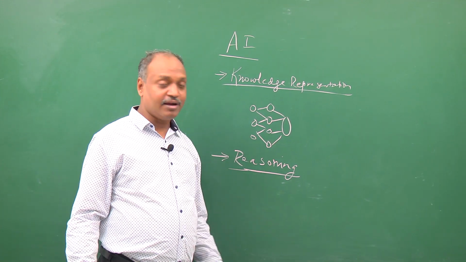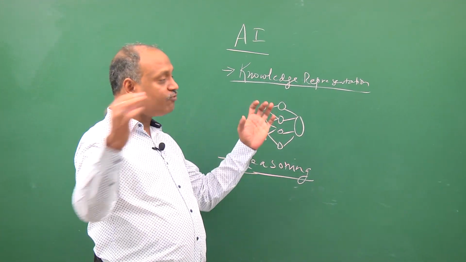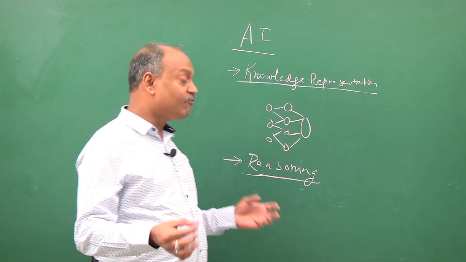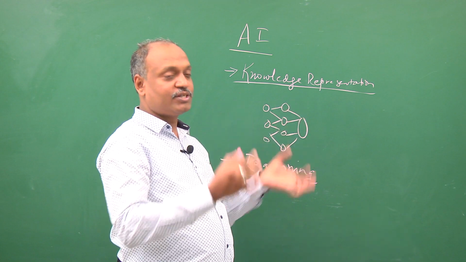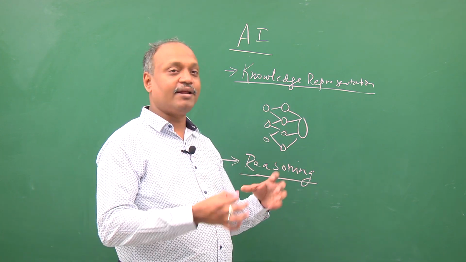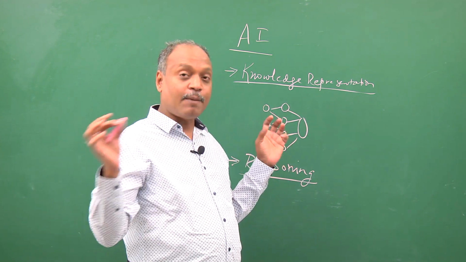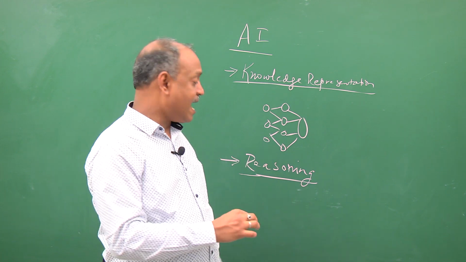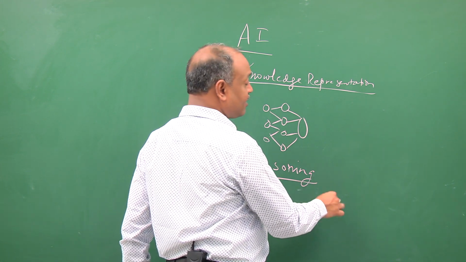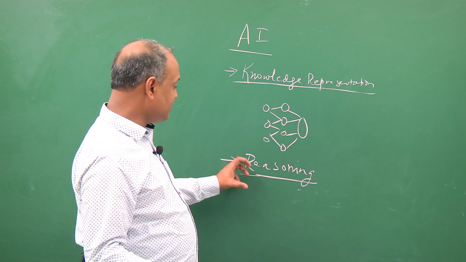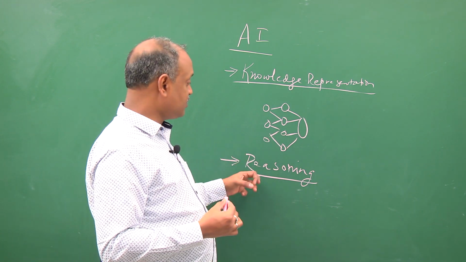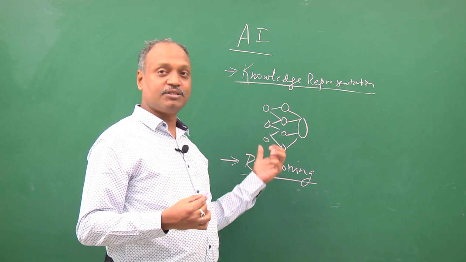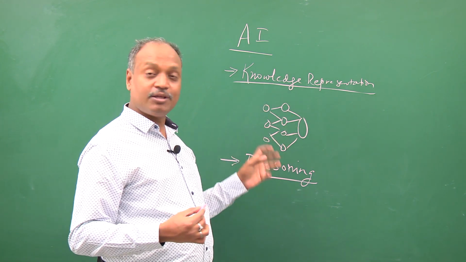This can happen when you have a lot of raw data and try to infer some generic rules or patterns, or if you have some universal laws and you apply that rule in a specific scenario to get a new form of knowledge. So reasoning is another facet of human intelligence, where you try to create new knowledge from existing knowledge. It may use any of the knowledge representations.